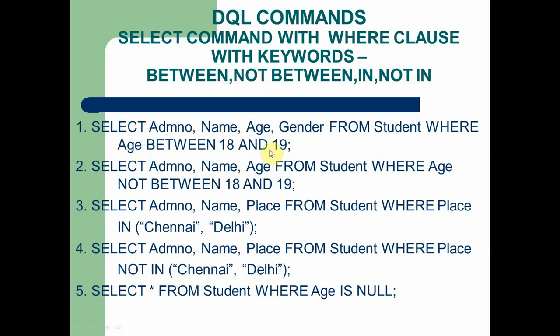So between 18 and 19. This command will display all the records whose values satisfy the age between 18 and 19.